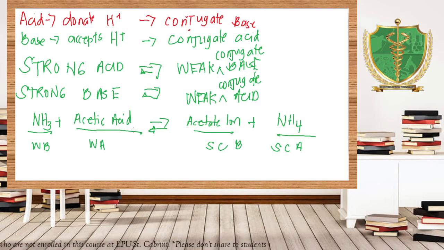Okay? And for example, hydroiodic acid. Okay? Hydroiodic acid is an example of a strong acid, but no, it produces a weak base, which is our iodide ion. Okay, so I want you to take note of this.